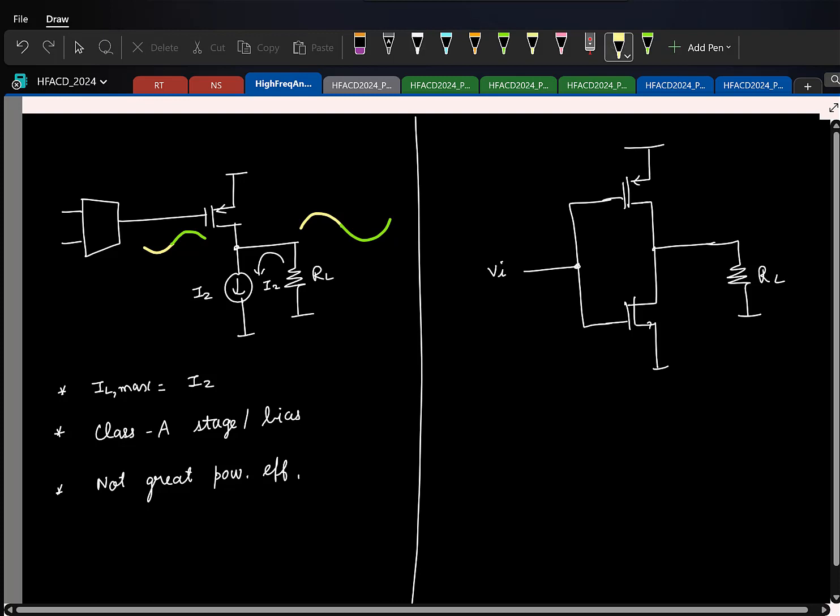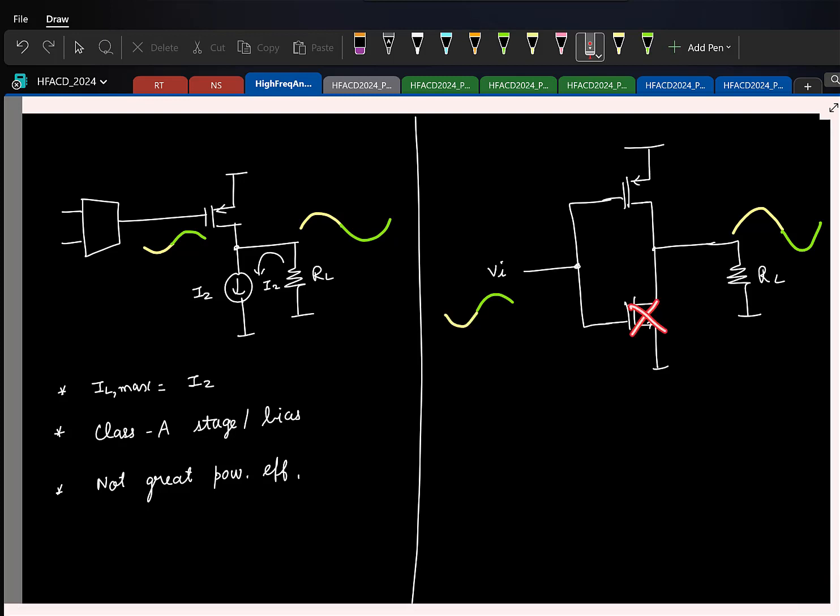So here once again, let us say the input reduces here, the output increases; here it increases, it falls. When the gate voltage reduces, the NMOS will stop responding, right? That is, let us say the gate voltage is dropping smaller and smaller so that the output can increase larger and larger.